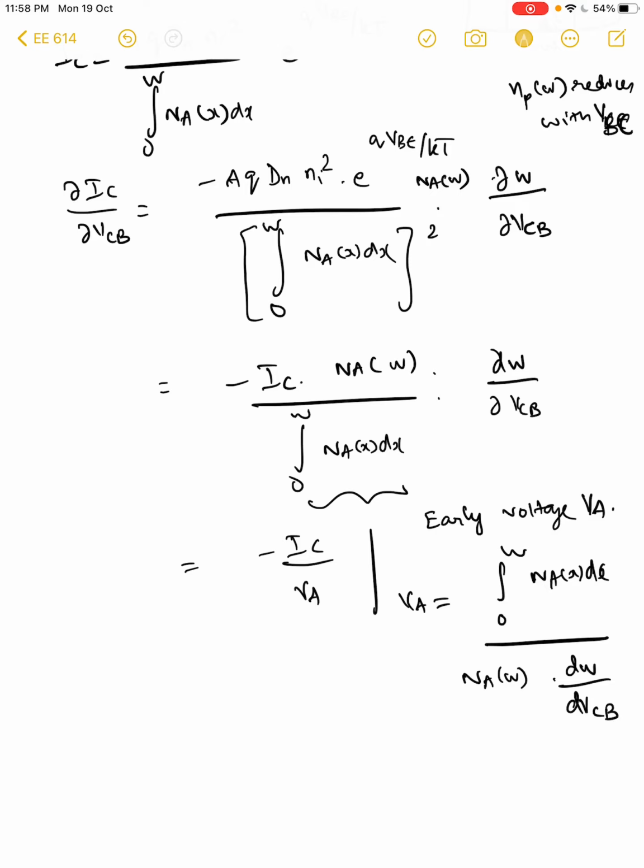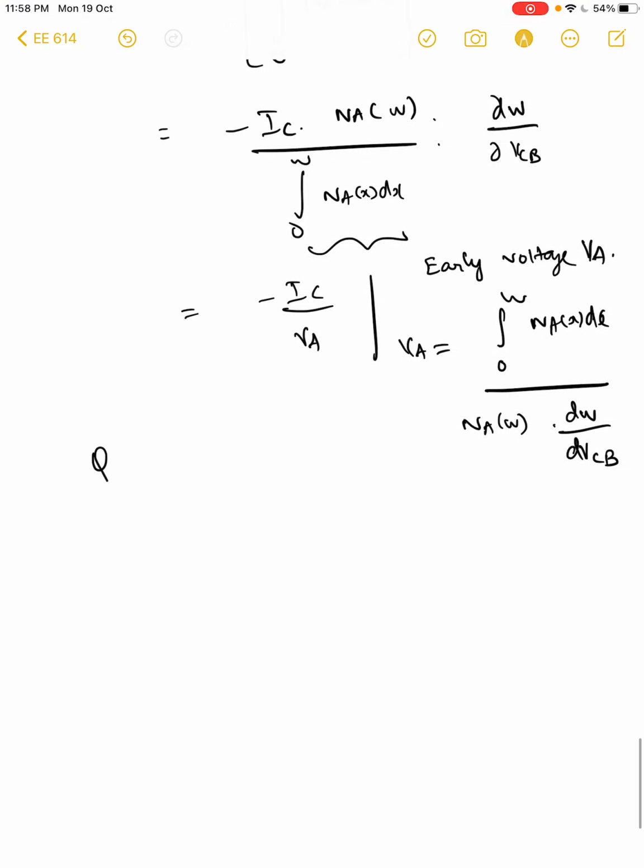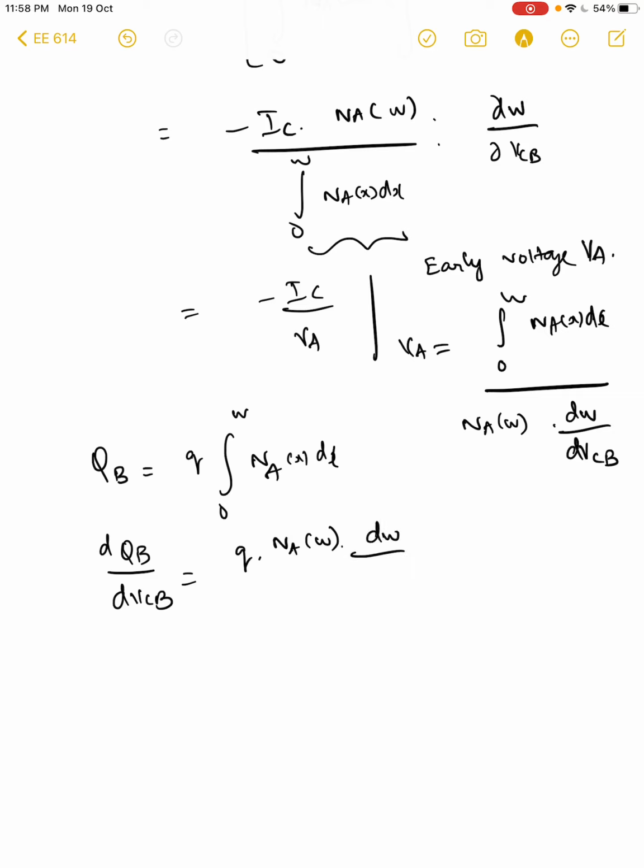Now you can very easily calculate this, because from our previous assumption, QB is the total charge or dopant integral in the base, and if you do this dQB by dVCB, we get q NA of W dW by dVCB, right?